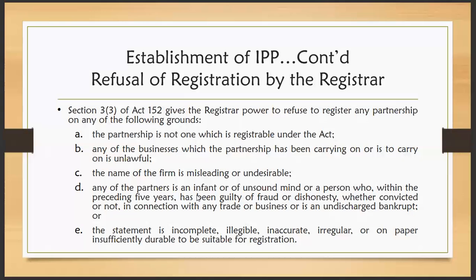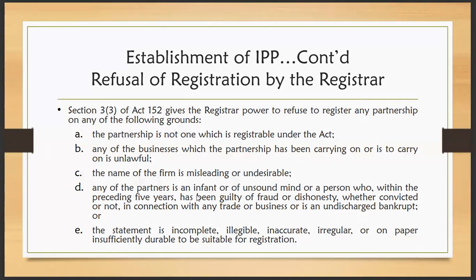Yes, when you submit your application, the registrar can refuse to register you for similar reasons as we saw under Act 151. Maybe where the partnership does not meet the test of partnership under the law, or the business you propose to carry out is unlawful, that can be a ground for refusal, or the name of the firm is misleading or undesirable, that can also be a ground.